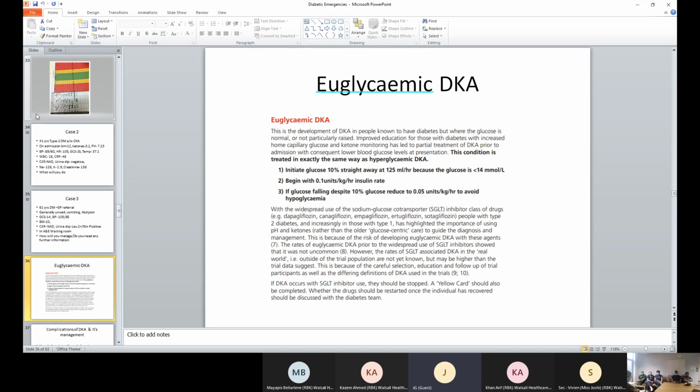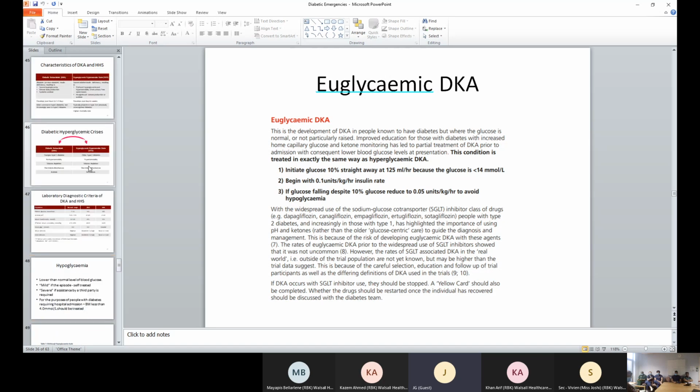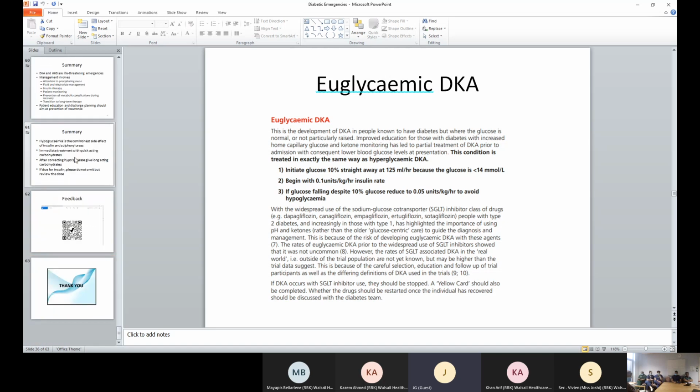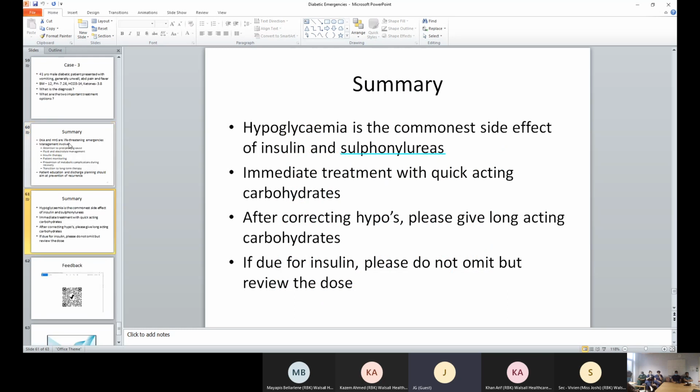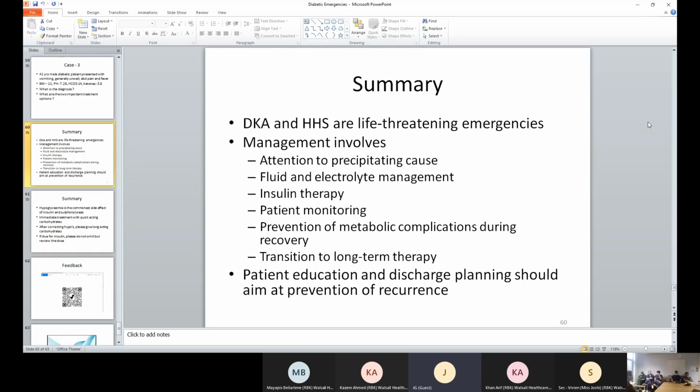I think the time is not there, so what I want to summarize from the DKA and HHS is this. Pay attention to the obvious precipitating cause, and then steps 1, 2, 3, 4, 5.